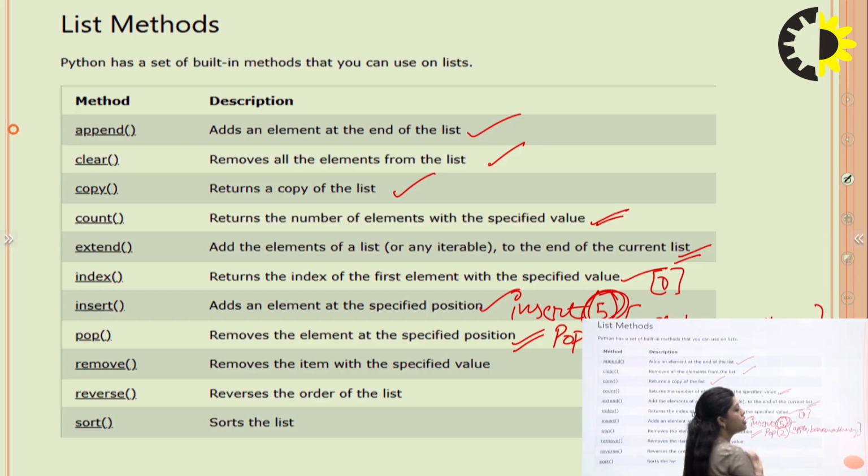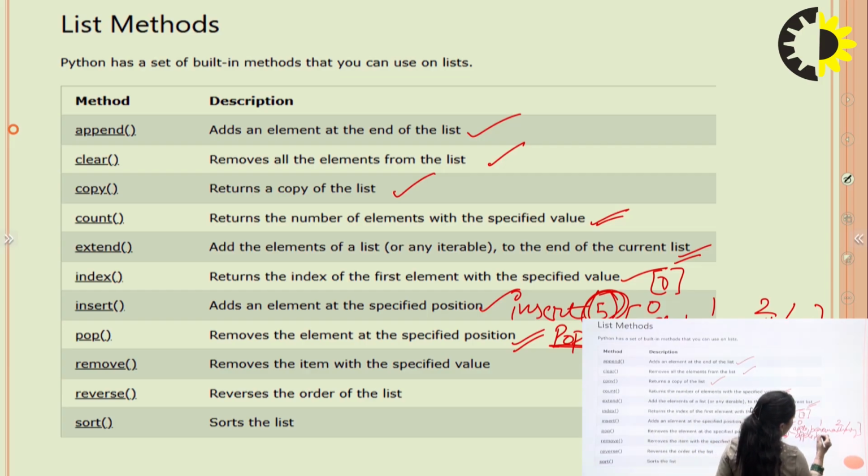You want to delete the item at position 2. This has position 0, this has position 1 and this has position 2. So, we delete the item at position 2. The cherry is deleted from that list. The output is apple and banana. Only 2 items are remaining in the list. So, this is the use of pop.